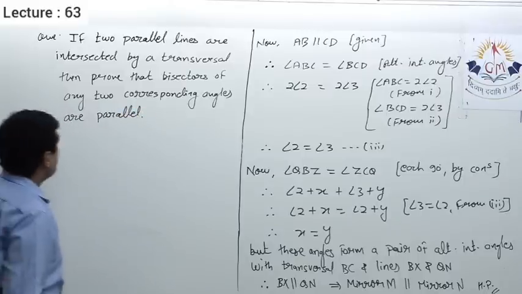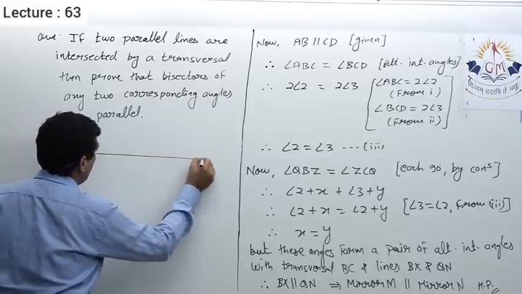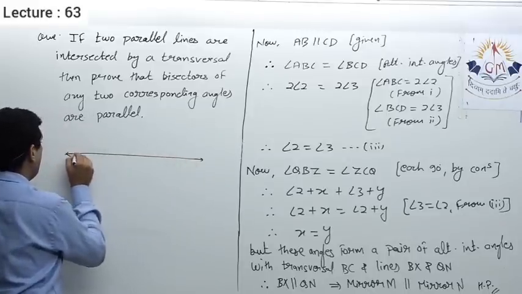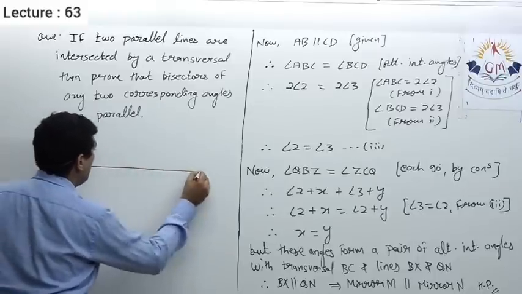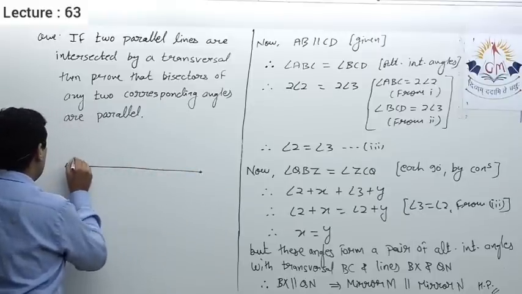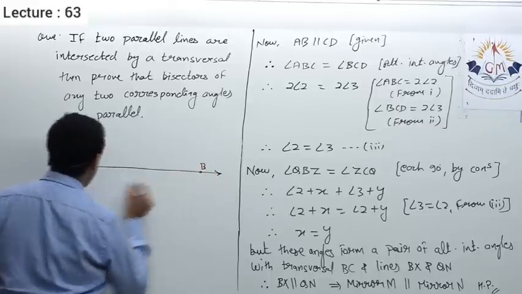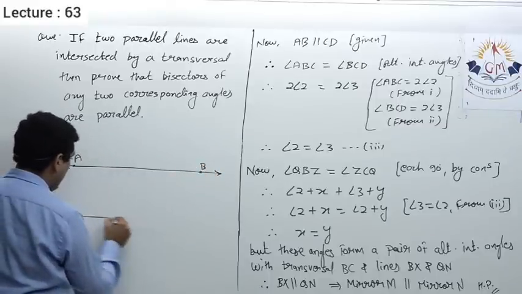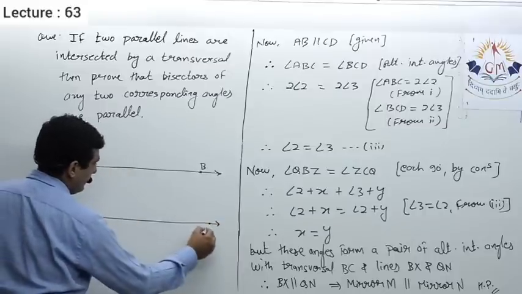Okay, so it is given two lines are parallel. So this is the first line, let the line be AB. These two lines are intersected by a transversal.